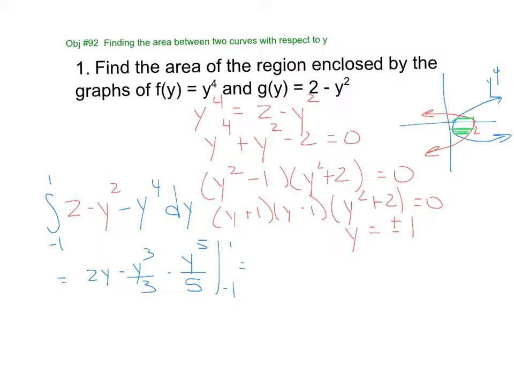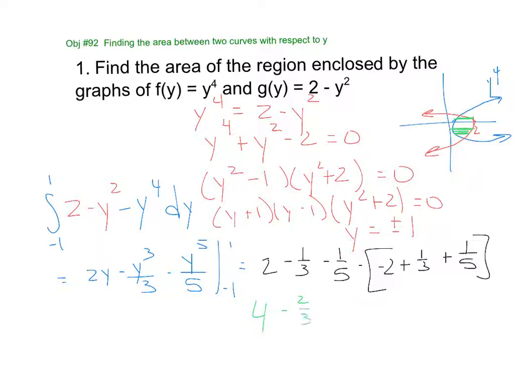Plug in, and I get 2 minus 1/3 minus 1/5, minus -2 plus 1/3 plus 1/5. So we get 2 and -2, so you get 4 minus 2/3 minus 2/5. 4 minus, let's see, 15.